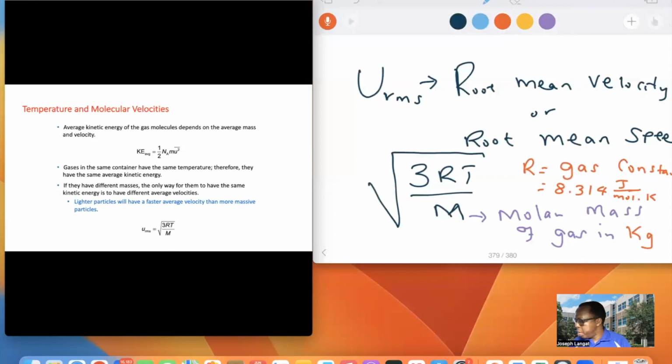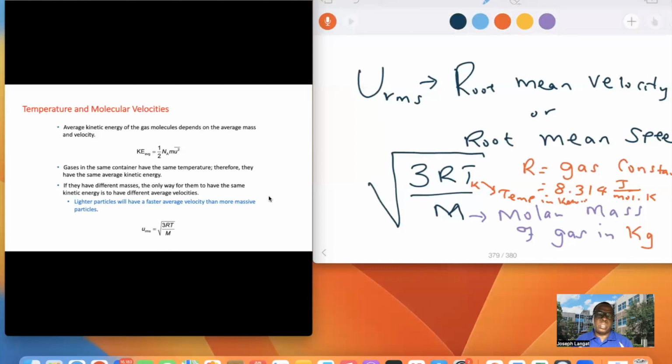And T is the temperature in Kelvin. You need to change the temperature to Kelvin. So from this, you can calculate the root mean velocity of a sample of a gas using this equation.